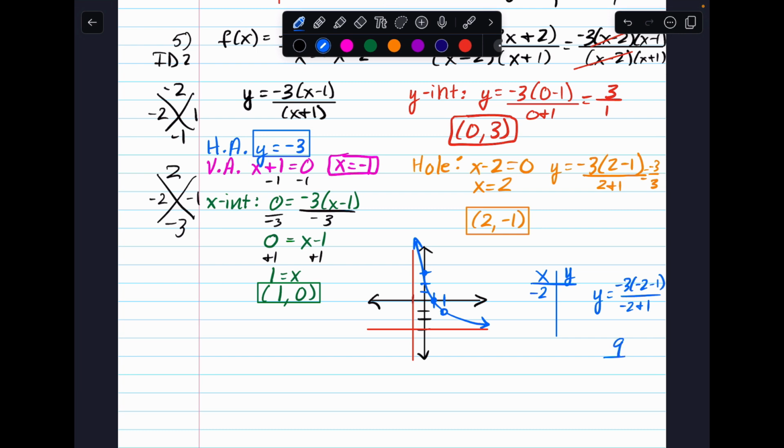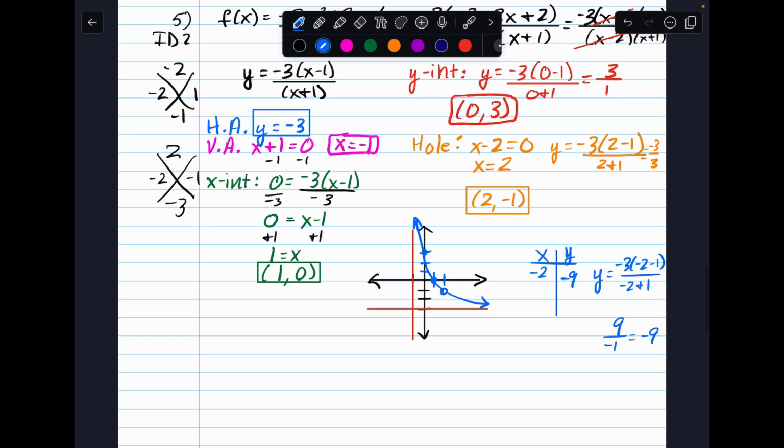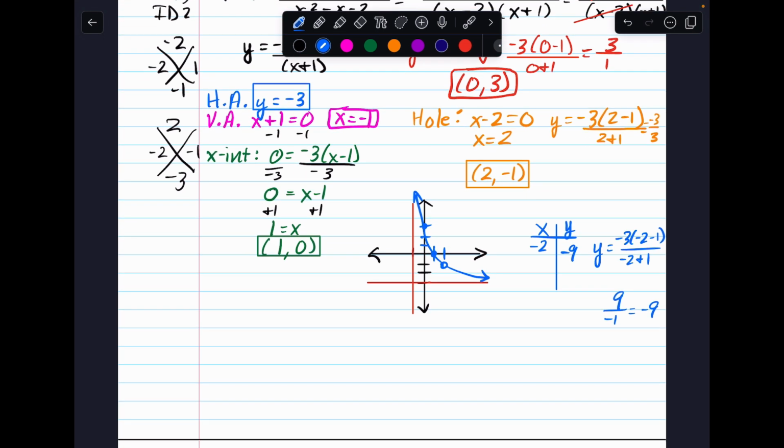Negative 2 plus 1 is negative 1, which equals negative 9. So when x is negative 2, I'm going to have a value at negative 9. 1, 2, 3, 4, 5, 6, 7, 8, 9. It'll be somewhere down here. But at least then I can graph a general idea of what this is going to look like. And those are my two graphs. On the actual quiz, the graph actually goes down to -9. It's a lot easier to graph than it was here.